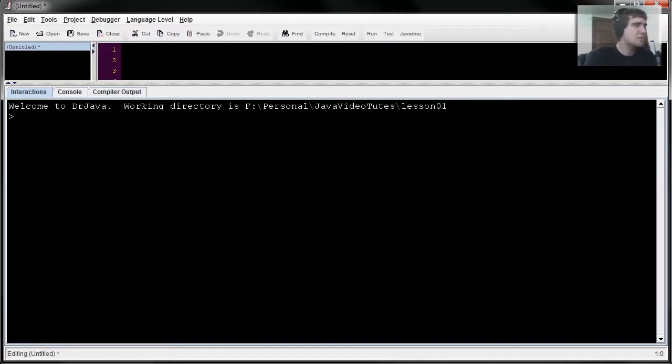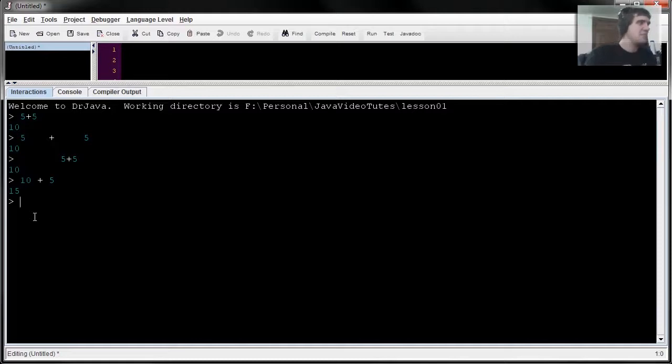Like I showed you in the first lesson, we can do something like 5 plus 5, it returns 10. Notice that white space doesn't really make a difference in Java, so any of those work. Of course, I can make up any number I want, and the plus operation will work just fine.